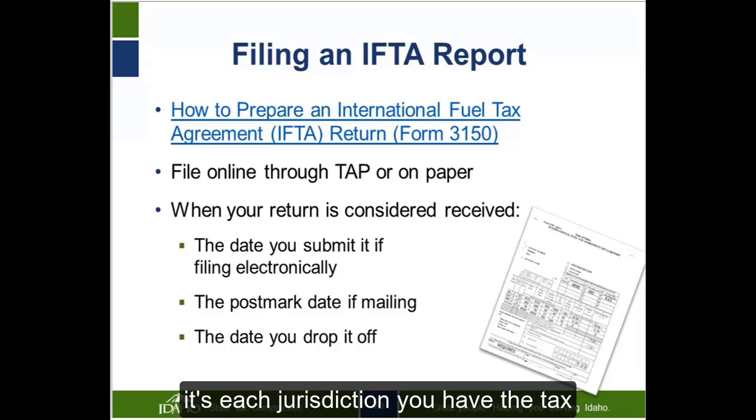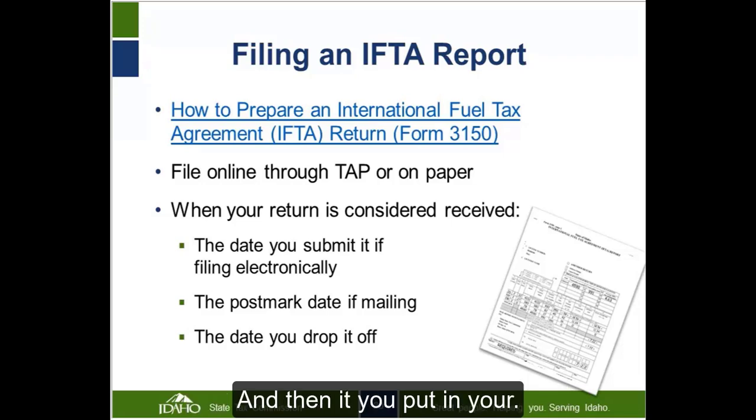And then down in the middle section of the return, it's each jurisdiction. You have the tax rate, you have the taxable miles and the total miles for each jurisdiction, which should equal each other in most situations.